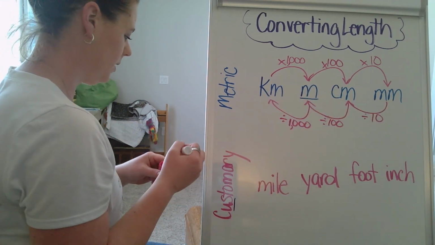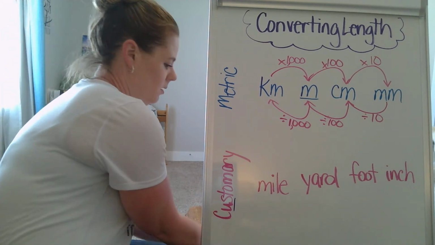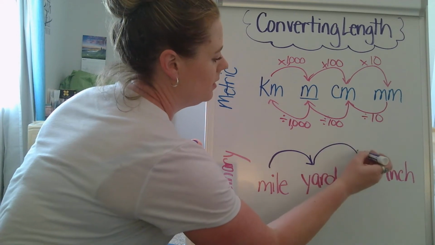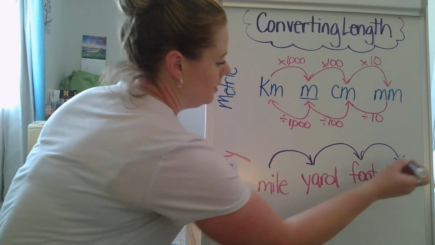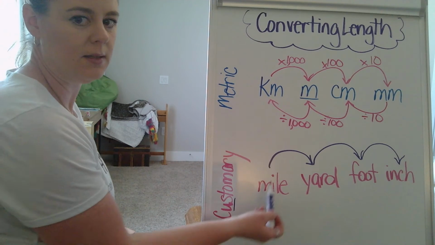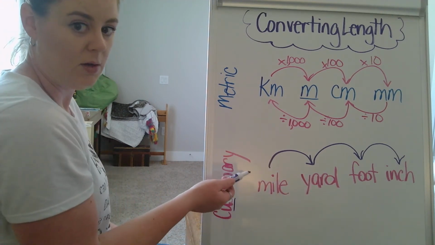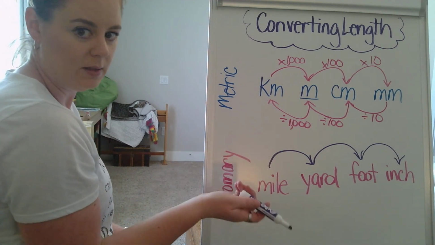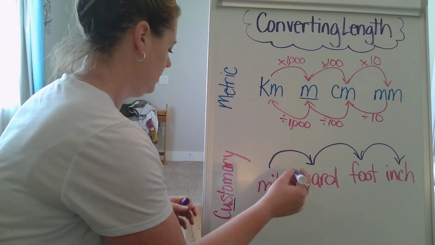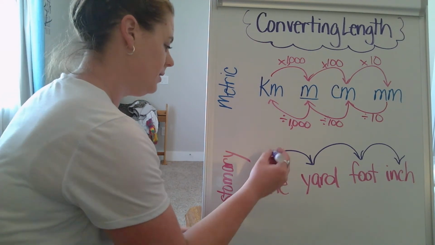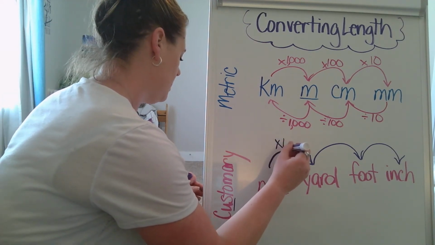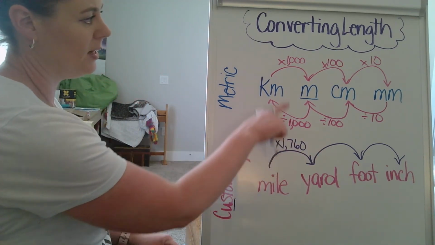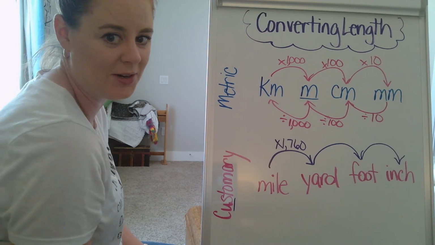Okay, so if we're going mile to yard to foot to inch, we're going big to small. Again, do we multiply or divide? Good, we multiply. So we go times 1,760.